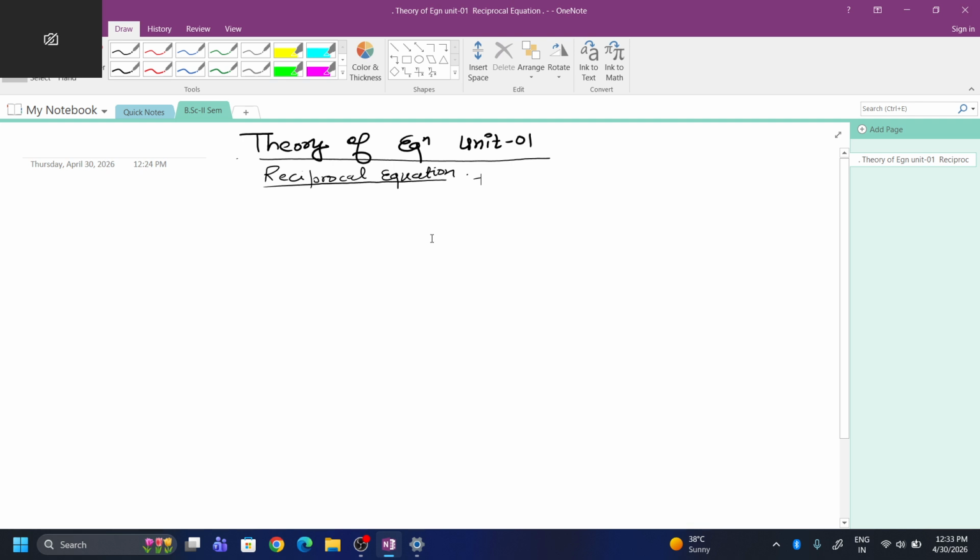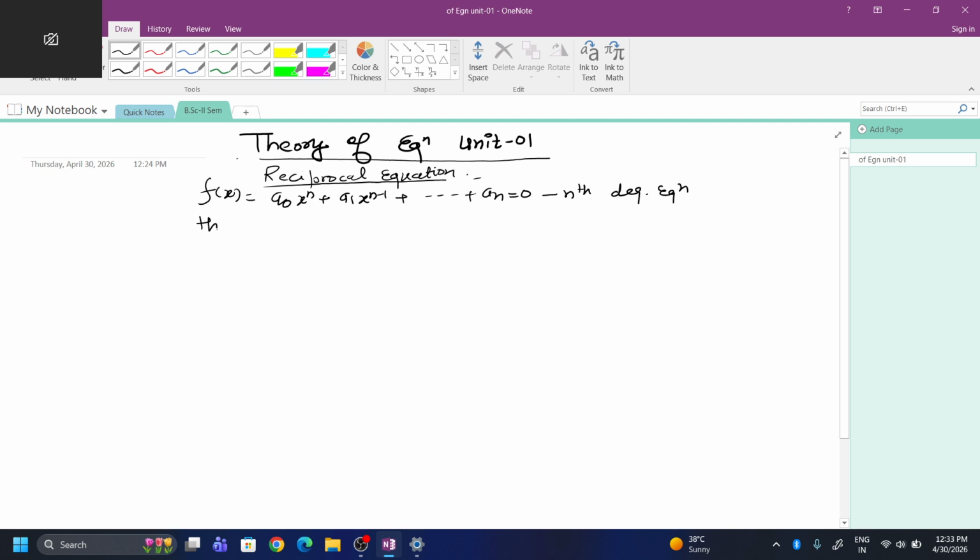Now today we discuss the reciprocal equation. What is a reciprocal equation? Suppose our problem is f(x) = a0 x^n + a1 x^(n-1) + ... + an = 0. It is an nth degree equation.